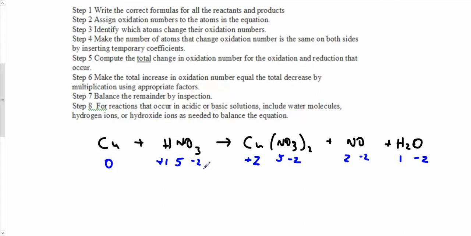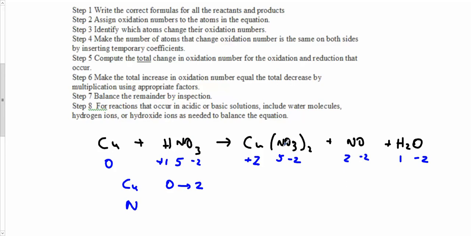That's got them. Now I'm going to look for what is changing. So Cu seems to be going from 0 on this side to 2 on that side, and N, some of the N, not all of it.